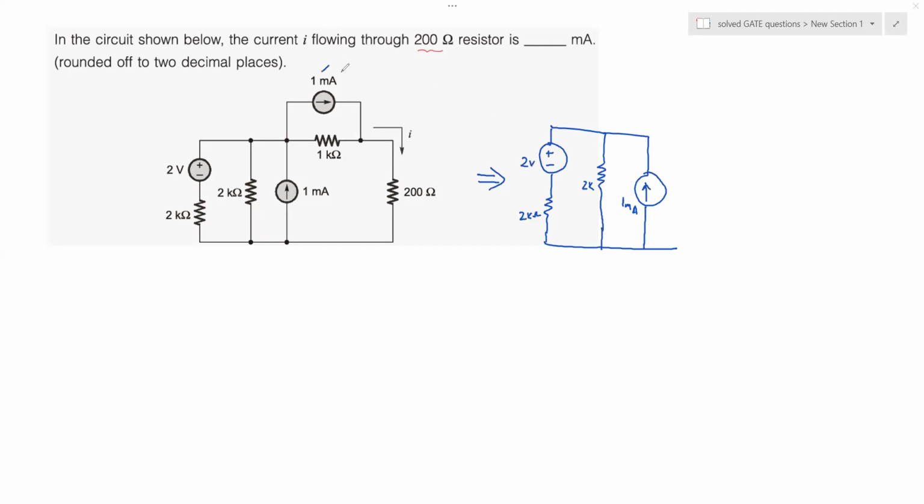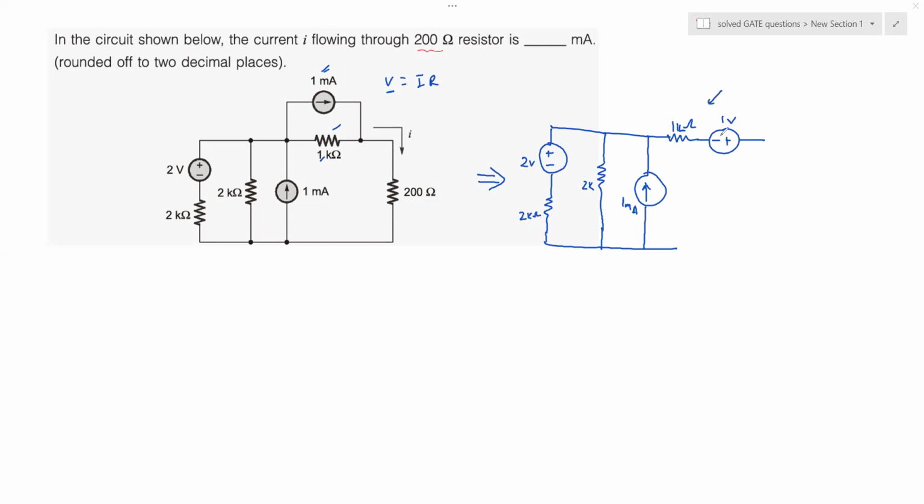But now, the 1 milliampere across 1K can be represented as this 1K as it is, and there will be an equivalent voltage source of 1 volt in series with that. So voltage will be I times R: 1 milliampere multiplied by 1K will be the 1 volt. Okay, and the resistance is there.